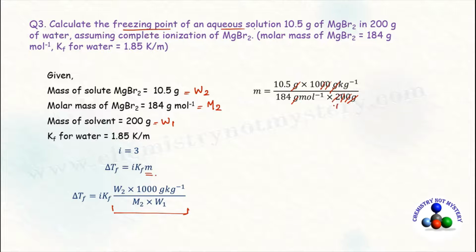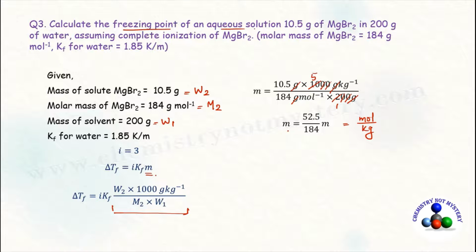And 2 ones are 2 and 2 fives are 10. When you calculate it, you will get 52.5 divided by 184 molal, or you can also write mole per kg.